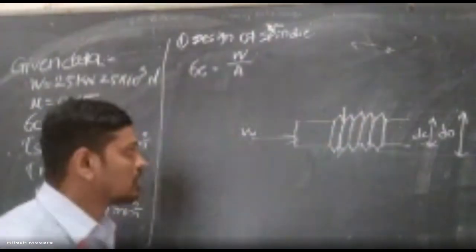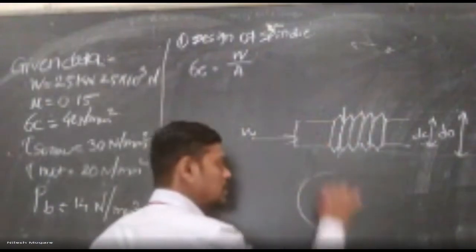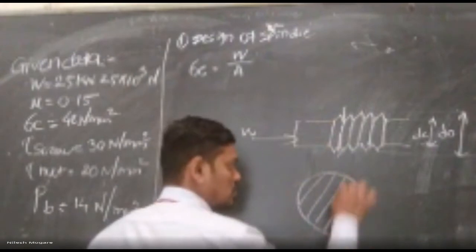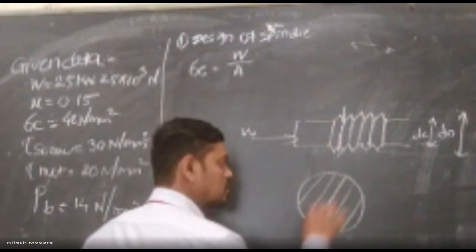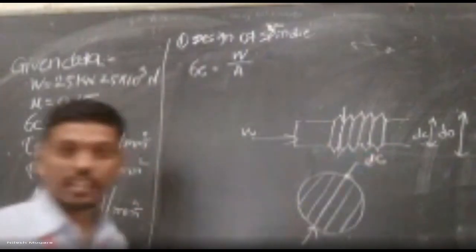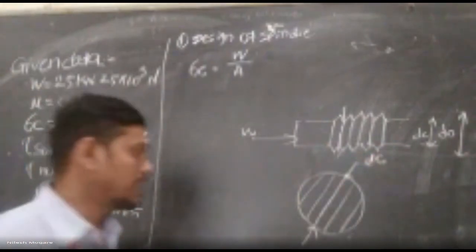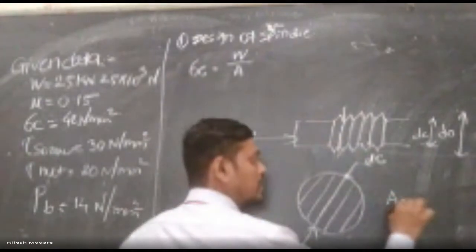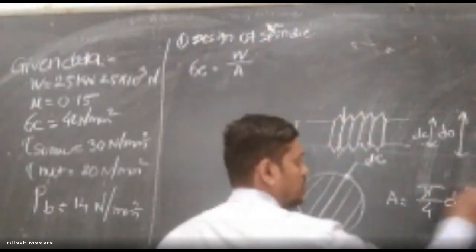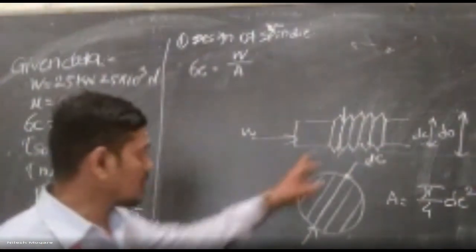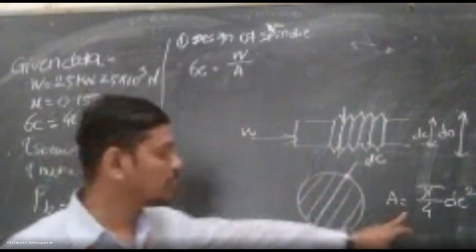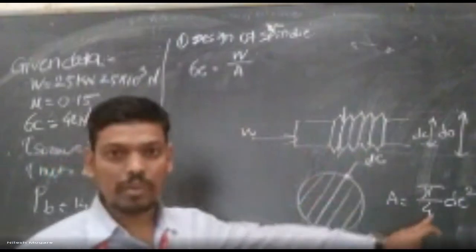If the screw spindle fails, the cross sectional area looks like this. This distance is called the core diameter of screw. Hence, we can write area equals pi by 4 DC square, because this screw spindle has a circular cross section.